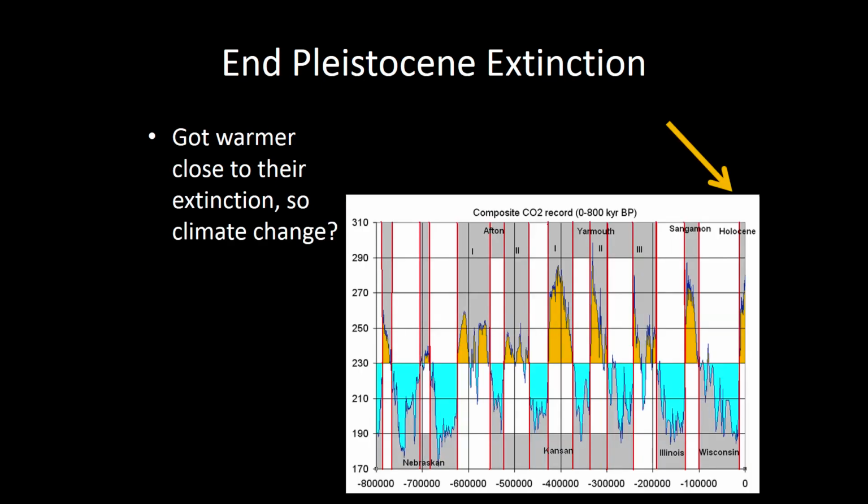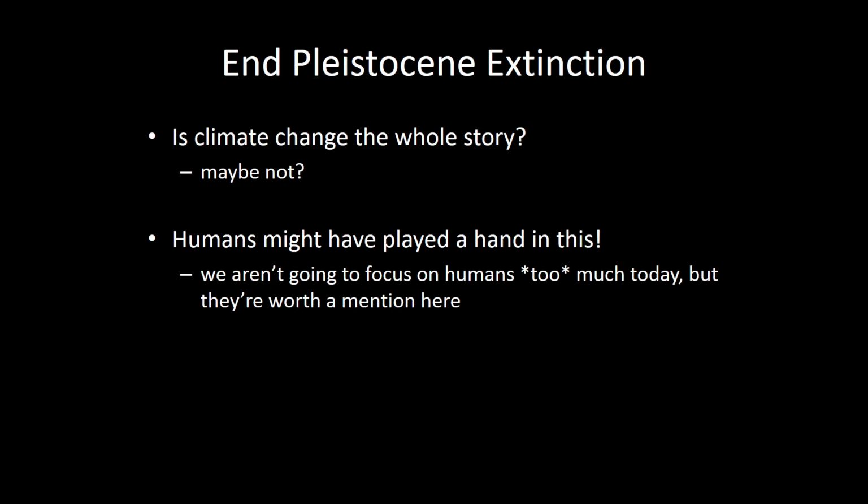We'll take a look at that. So it got warmer closer to their extinction, just like you can see where that yellow arrow is at the top. Right at the boundary of the Holocene, it gets warmer. So possibly climate change. All right, let's look at another idea. Climate change may not be the whole story.